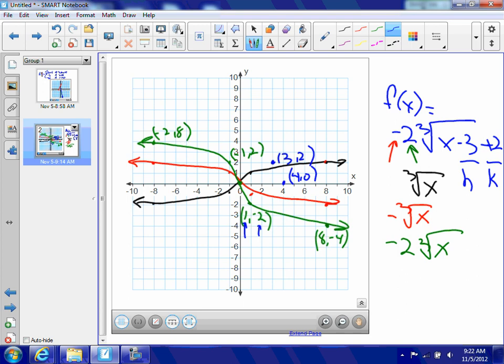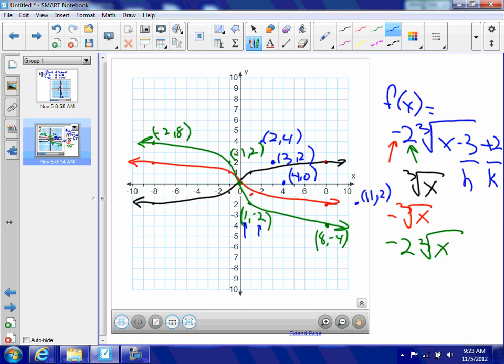Okay. And then this point over here, my 8, -4, I'm going to move to the right 3, 1, 2, 3, and up 2. So this point right there is 11, -2. And now I'll go to the other side here, to the right 3, 1, 2, 3, and up 2. So my new point there is 2, 4. And then this point right here, I'm going to go to the right 3.